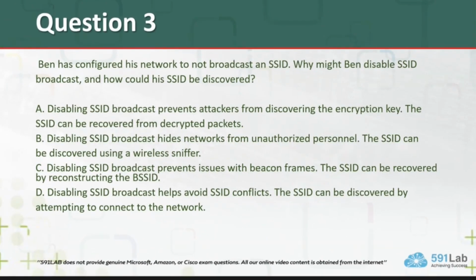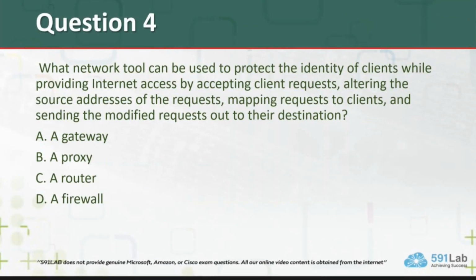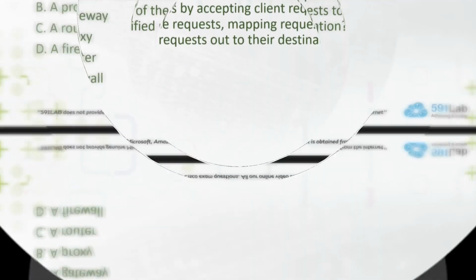Ben has configured his network to not broadcast an SSID. Why might Ben disable the SSID broadcast, and how could this SSID be discovered? Next question. What network tool can be used to protect the identity of clients while providing internet access by accepting the client request, altering the source address of the request, mapping the request to clients, and sending the modified request out to their destination?